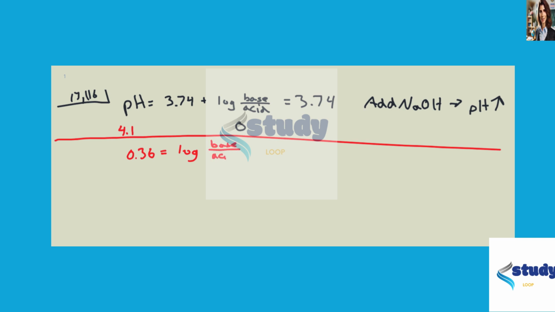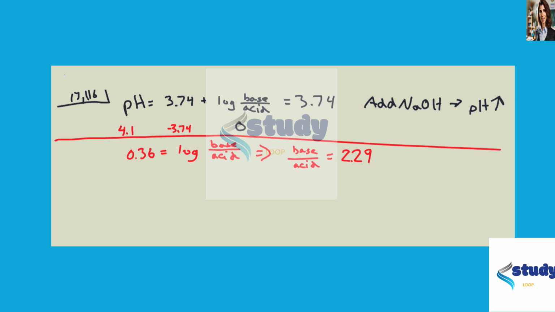This is calculated from subtracting 3.74 from both sides. And then we take the antilog and we get the ratio of base to acid is equal to 2.29.